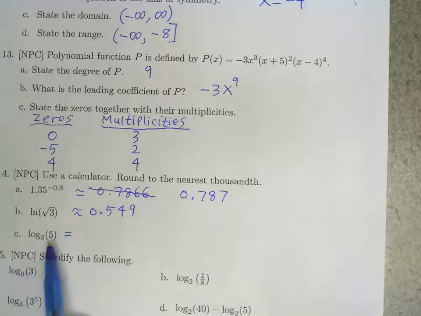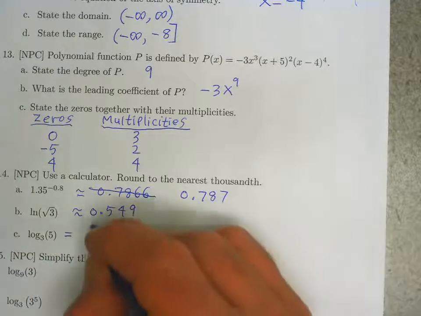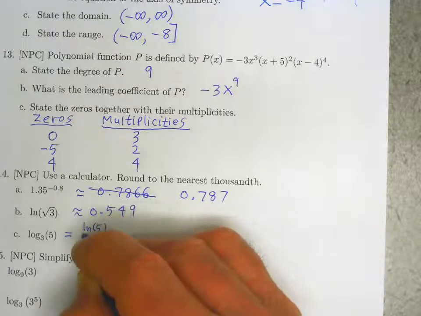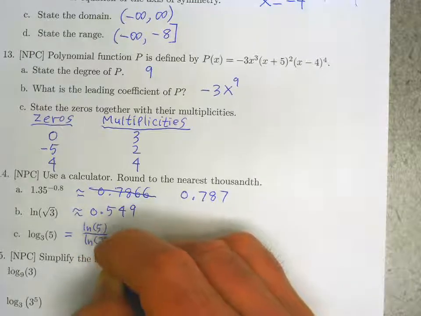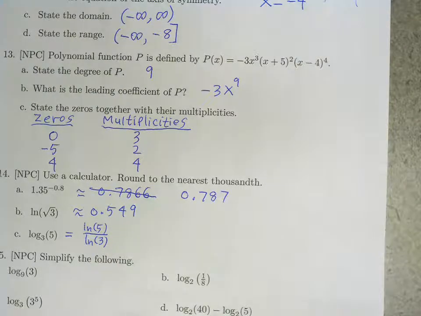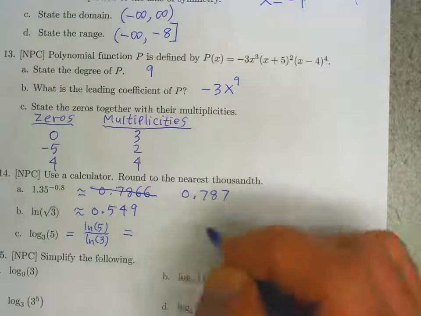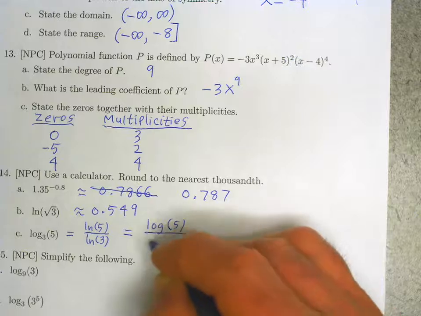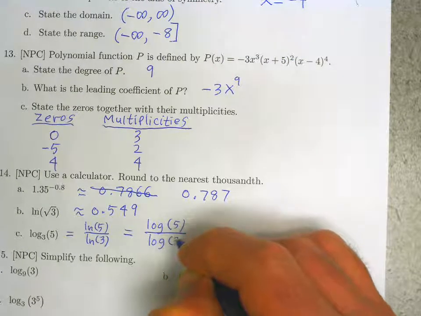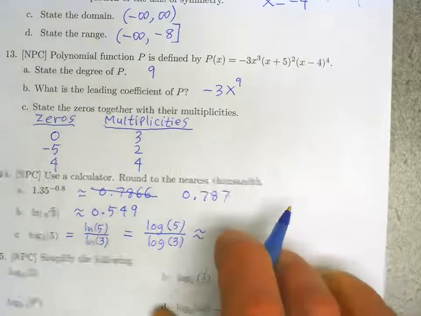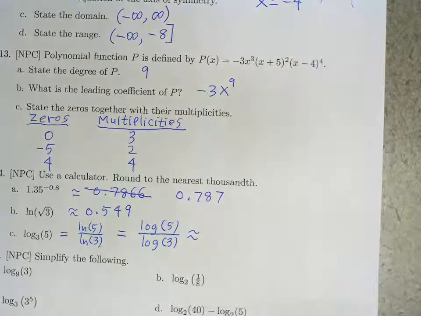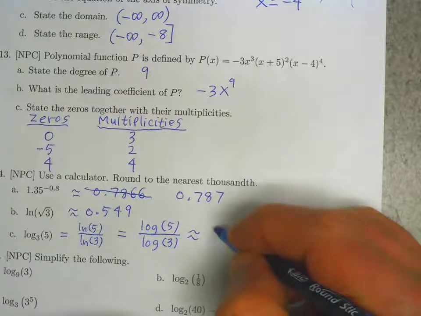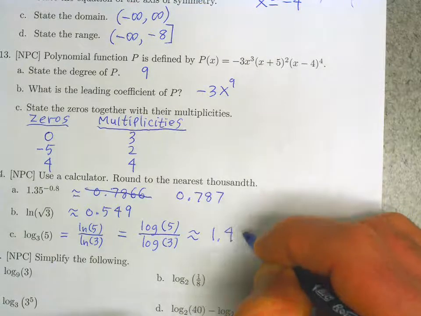So log base 3 of 5, you can use the natural log of 5 divided by the natural log of 3. If you prefer, you could use the base 10 log. You'll get the exact same number. The base 10 log of 5 divided by the base 10 log of 3. So either way, rounded to 3 decimal places, I get 1.465.